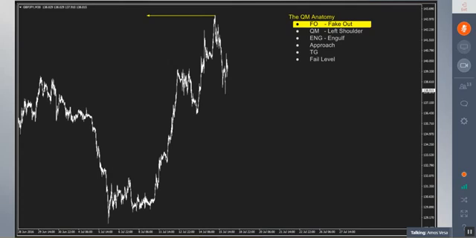Just a hint for us where to find our level. Let's say this is a higher time frame, and this is a flat limit. We would like to take a short with Quasimodo in M1 at this MPL.